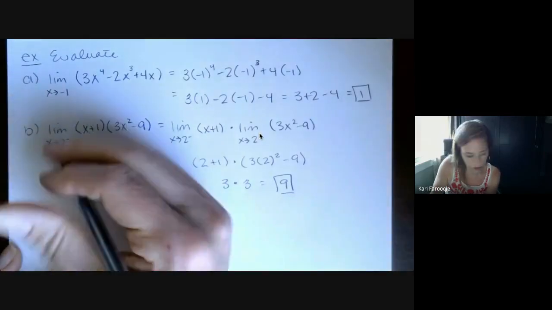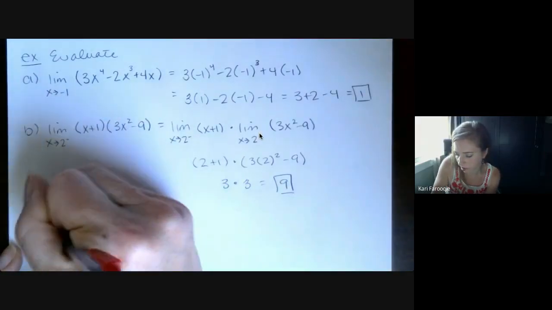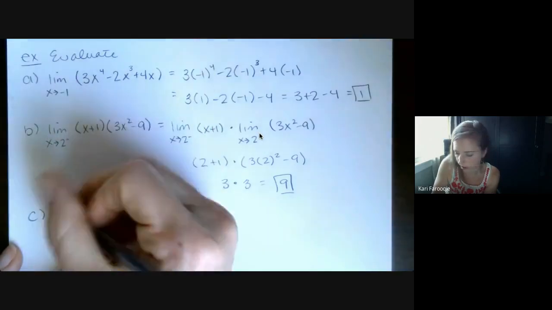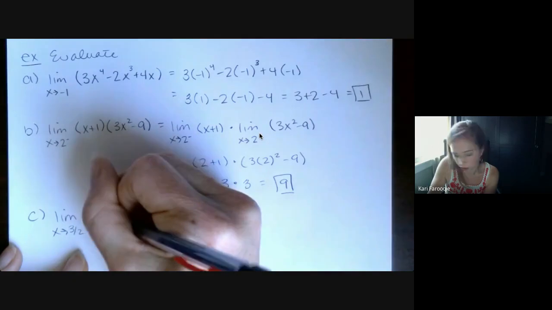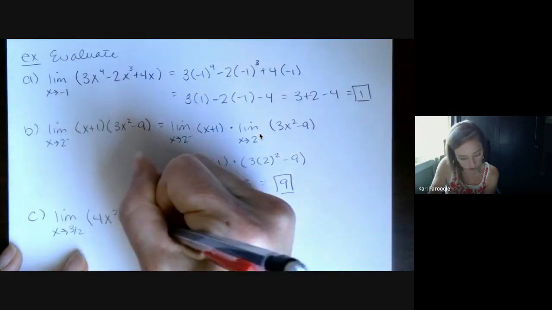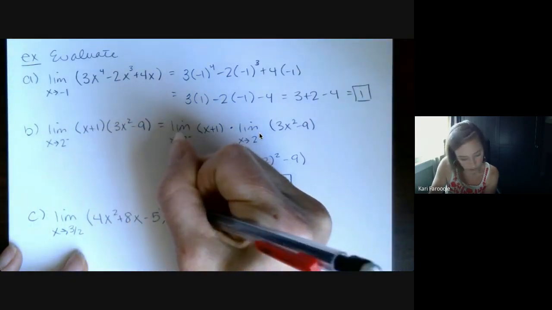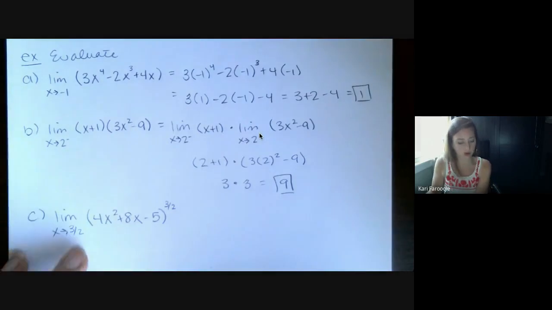Let's do one more. This is the limit as x approaches 3/2 of the function 4x squared plus 8x minus 5 to the 3/2 power.